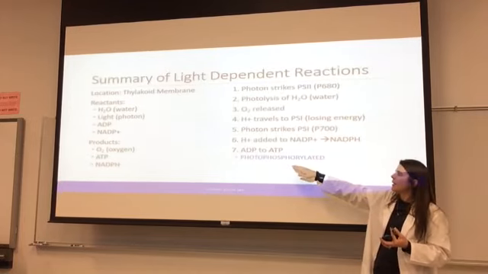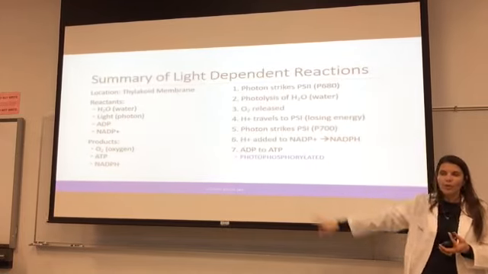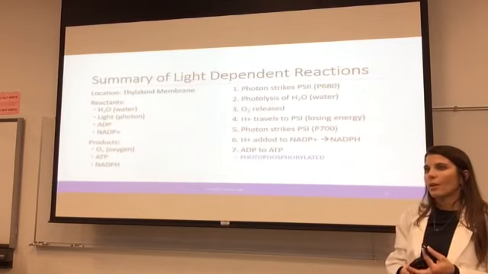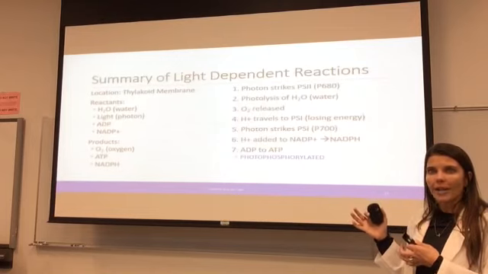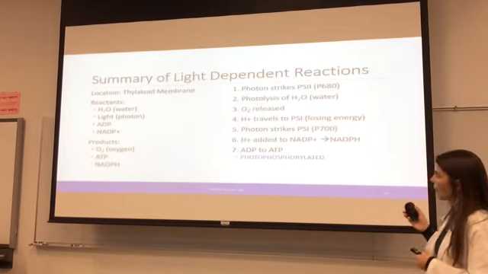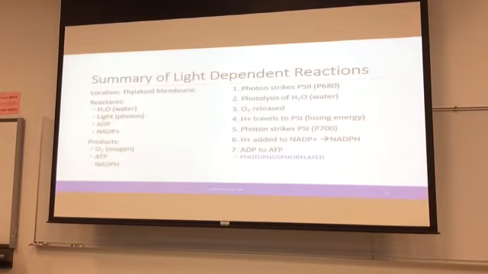And ADP becomes ATP. It's considered photophosphorylation. Okay? So this is like a summary of all of that together for light-dependent reactions. And where do these occur? In the thylakoid membrane. And the thylakoid membrane is where light-dependent reactions take place.